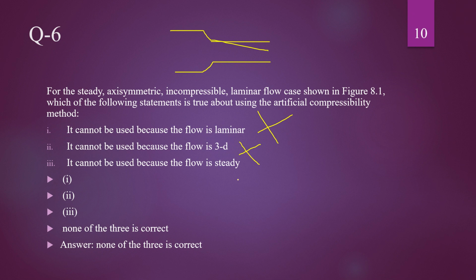And third, it cannot be used because the flow is steady. This is also false, because we are just extending the compressible governing equations to the incompressible governing equations. So the answer to this problem is none of the three is correct.